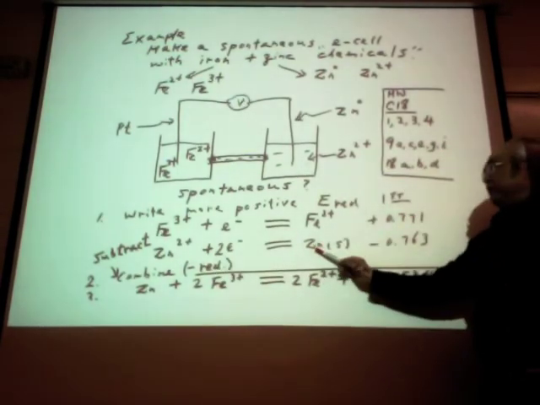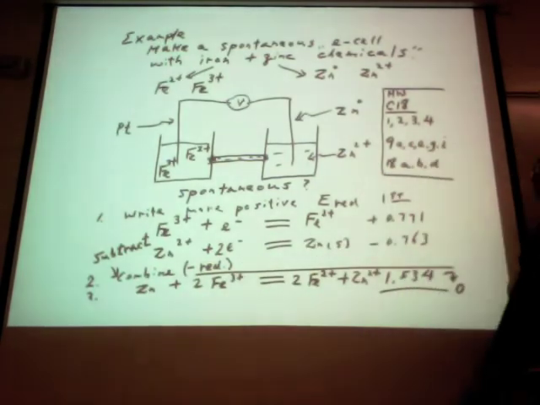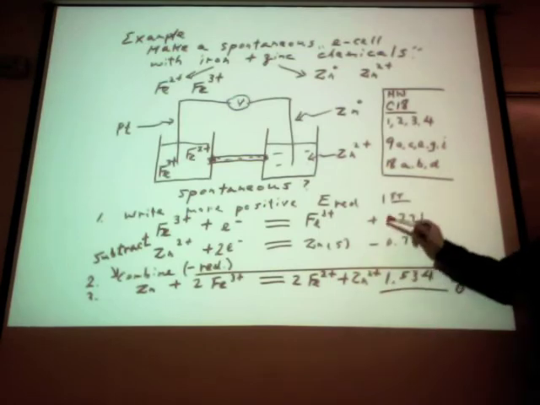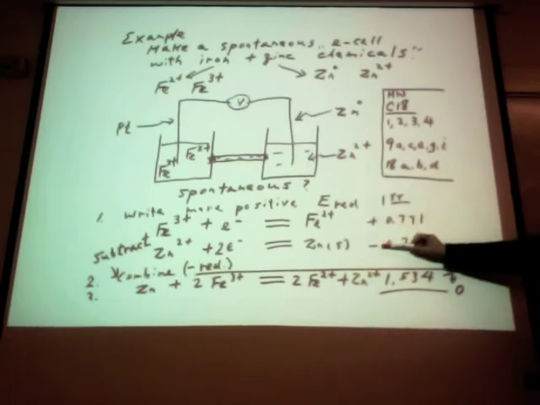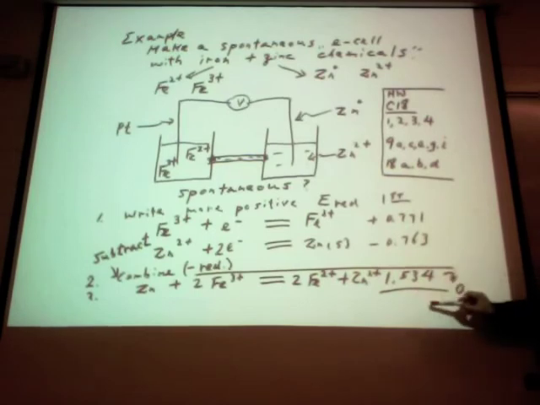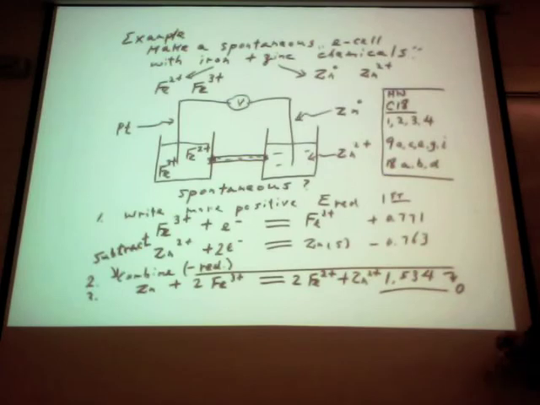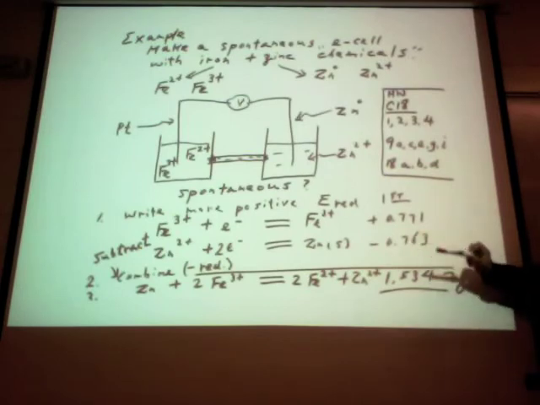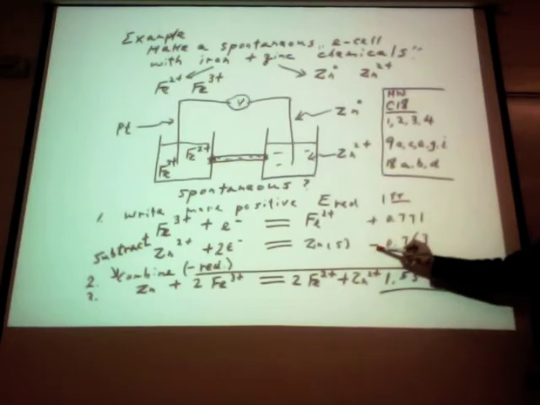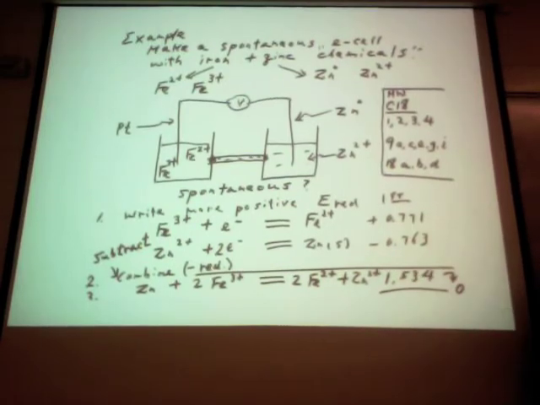So this one becomes reactant, and this one becomes product. So now this one minus is the sum of the two. So this becomes a plus, and therefore this reaction is spontaneous. If this was minus, then this reaction is not spontaneous, right? So plus minus is a plus.